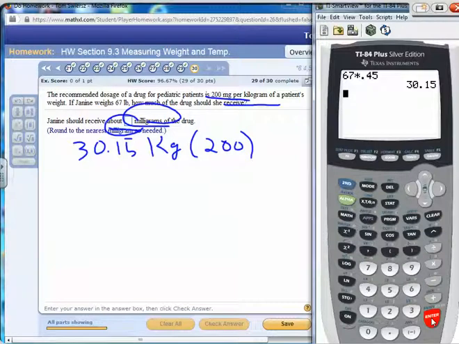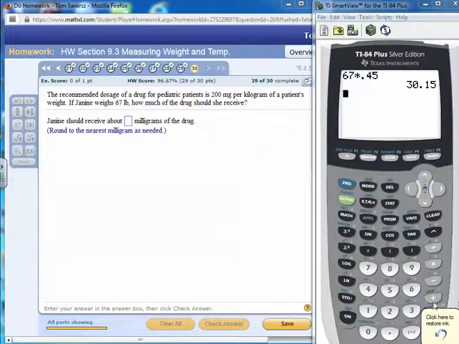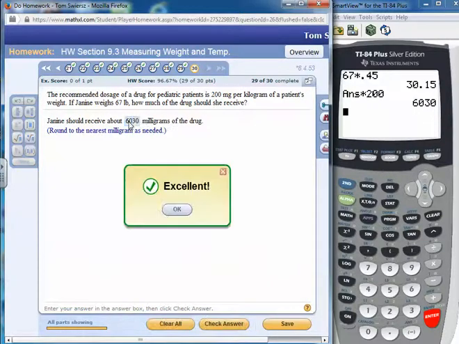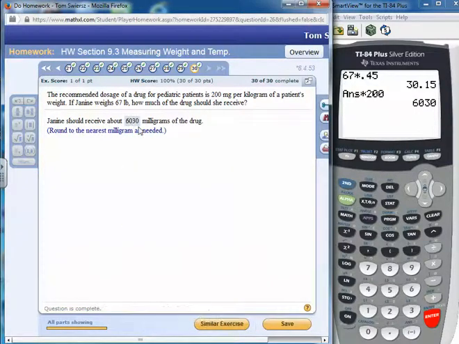So we'll take the 30.15 multiplied by 200 because it's 200 milligrams per kilogram. So times that number, 30.15 times 200, 6,030, and again, it comes out to be a whole number. So we just put it in exactly as it is, and we get it solved correct.